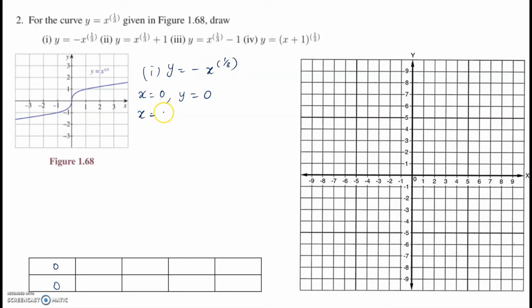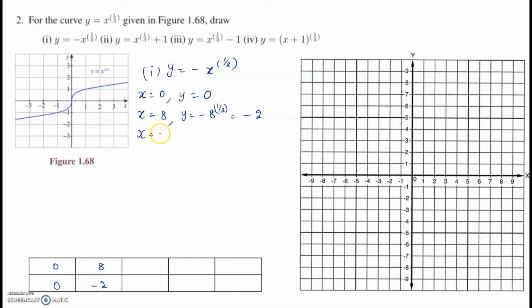If we take x to be equal to 8, then y is equal to minus 8 to the power 1 by 3, and that is equal to minus 2. So this is 8 and this is minus 2.